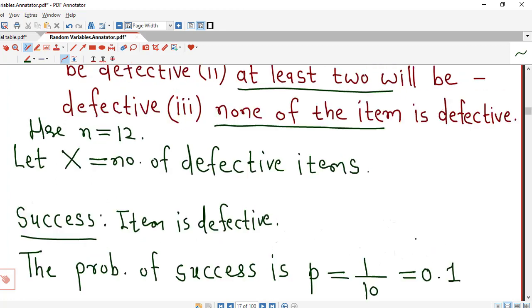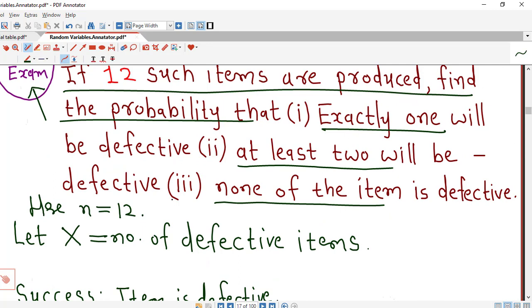Also trials are independent, that means one item does not depend on another item. If one item is defective, then the other items may be defective or non-defective.